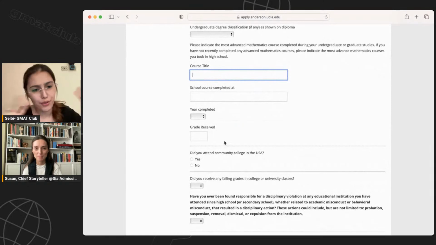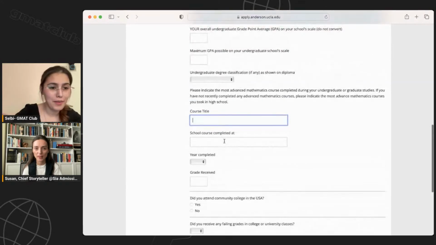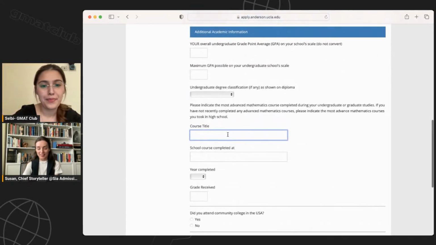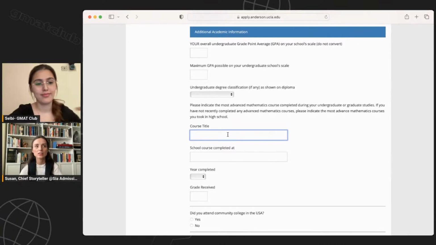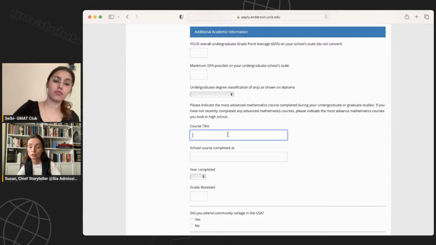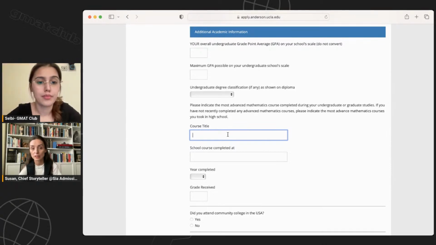And if you have not had anything math related, then you don't include anything. Most students are required to have at least some preliminary math in college, but it's true that sometimes you can waive out of it, and in those situations you can leave it blank.